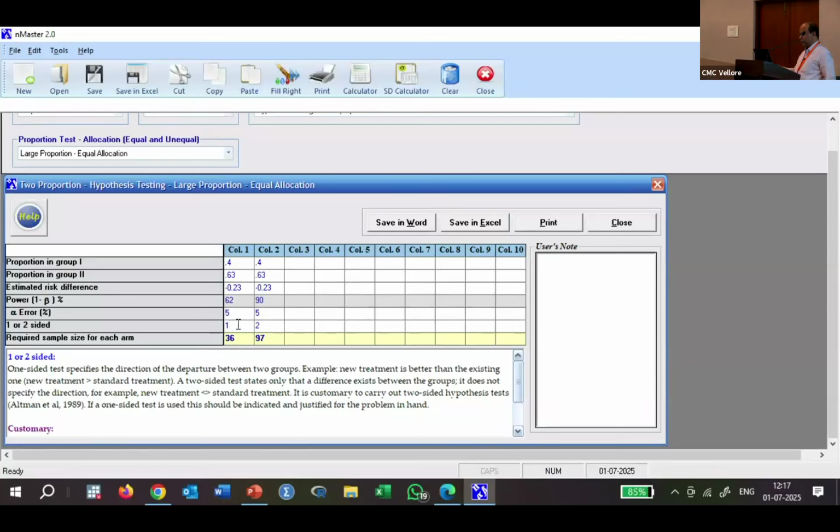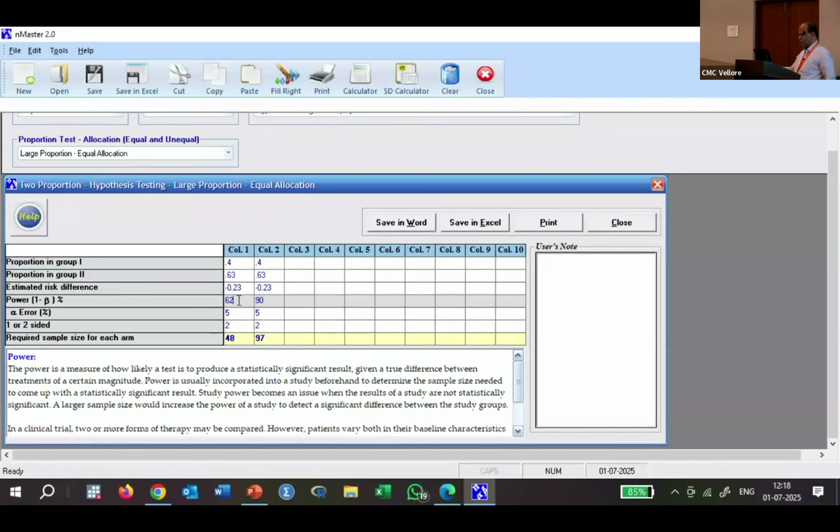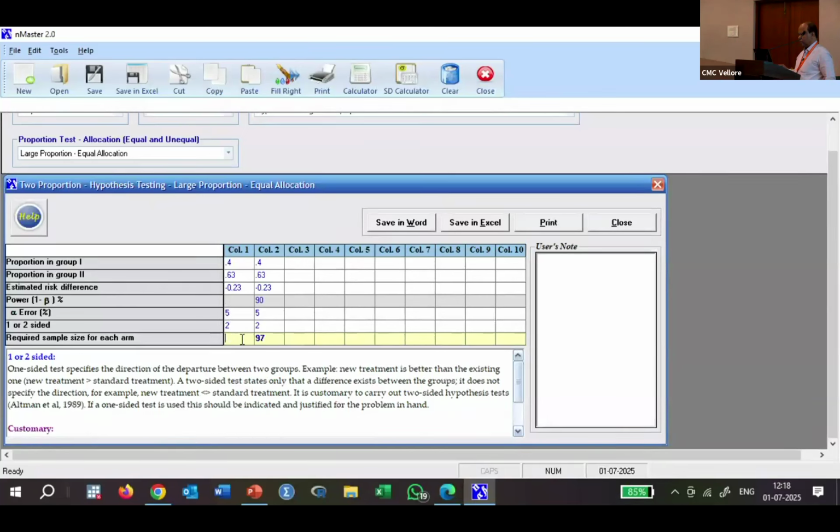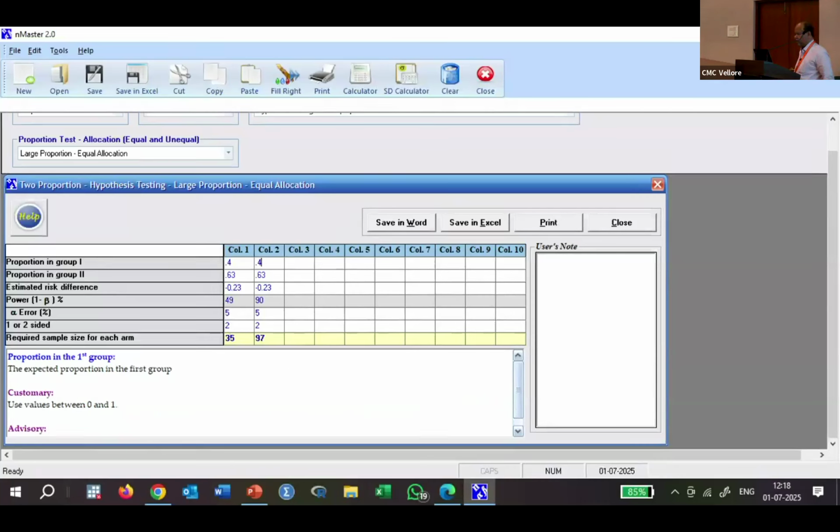But if I put this one as something else, it is 49% power. So you can calculate the power. When you review the journals, we do this. If there are negative results, tell the readers, reviewers and editor that this study has only 30%, 40% power. It is not because there is no difference, and so on.